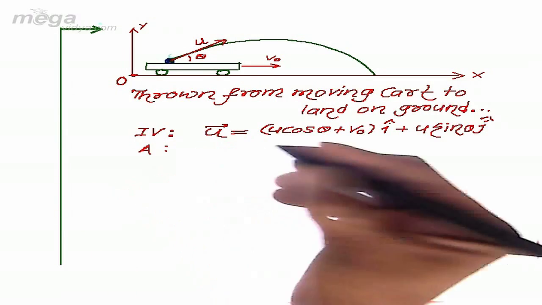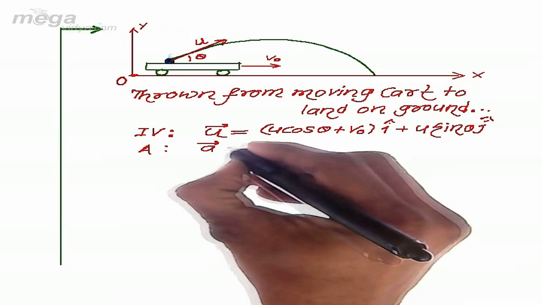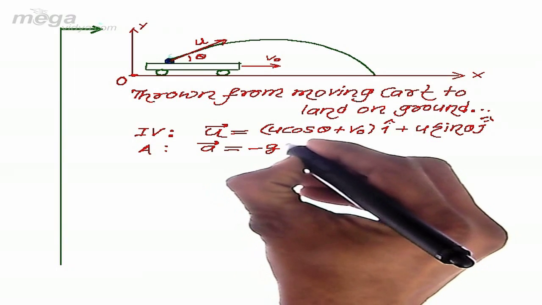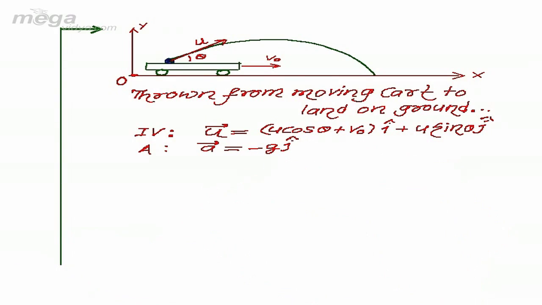Acceleration, as obvious, is taken as minus g j cap. Knowing these two parameters, especially the initial velocity, we can easily solve this problem to get all the required values associated with it.